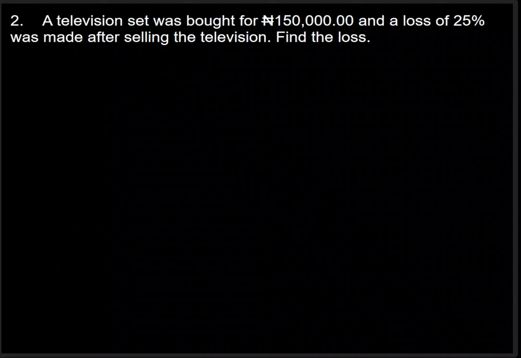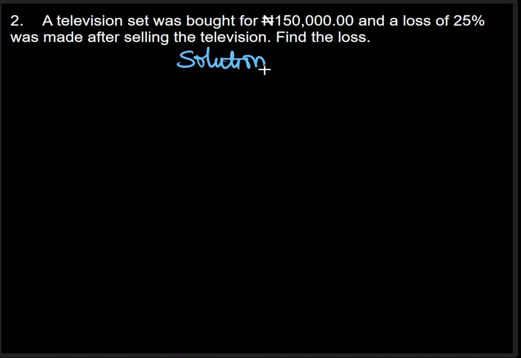So let's see number two. A television set was bought for 150,000 naira, and a loss of 25% was made after selling the television. Find the loss. I think this one is an easy one. So what do we have?